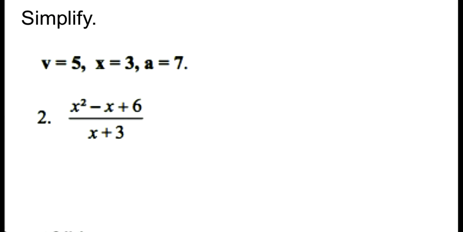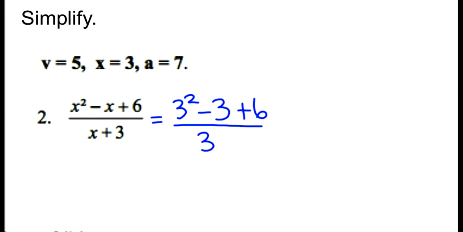Simplifying, we're going to substitute. My x value is 3. My x is still 3 and plus 6. And then on the bottom, I have 3 plus 3. So order of operations tells me that I need to do parentheses and then exponents.